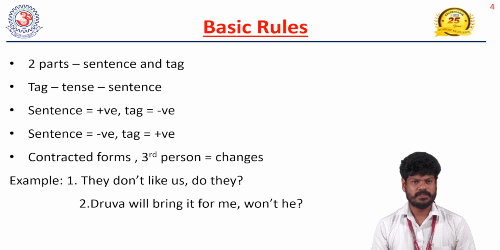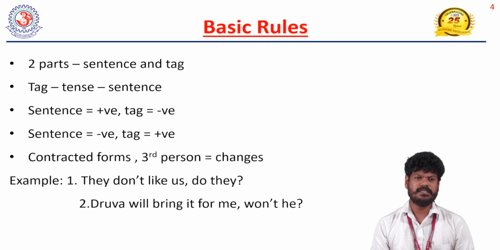Look at the example. They don't like us, do they? The sentence they don't like us is in negative form. Do they? The question tag do they is in positive form.